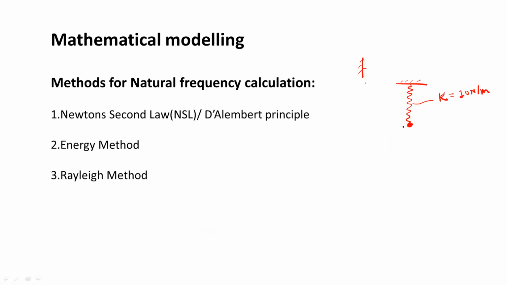And if you connect some weight, say 10 kg, 20 kg, 30 kg, every time you change the value of this weight, the question is to find out the corresponding displacement.